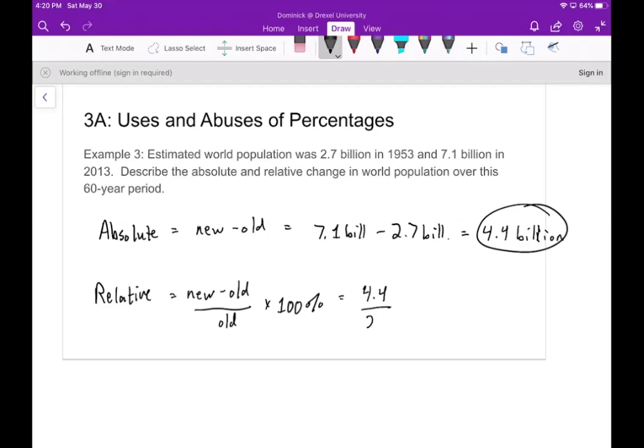And I want to divide that by 2.7 and multiply it by 100%. So if we do that, just let the calculator do the heavy work for us. And we get that this is a 162.96, I'm just going to round to 2 spots here, percent increase, right? Okay.